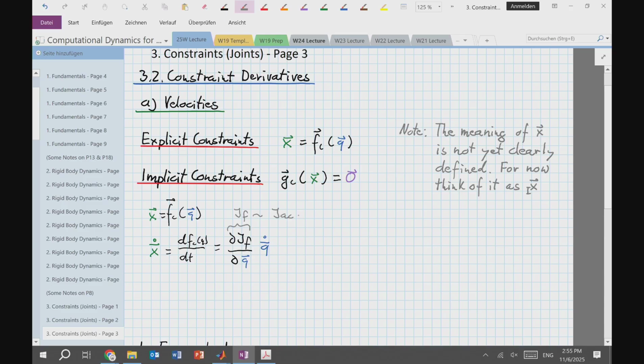So a Jacobian sometimes gets other names. In some books, this would be called S, my constraint Jacobian.